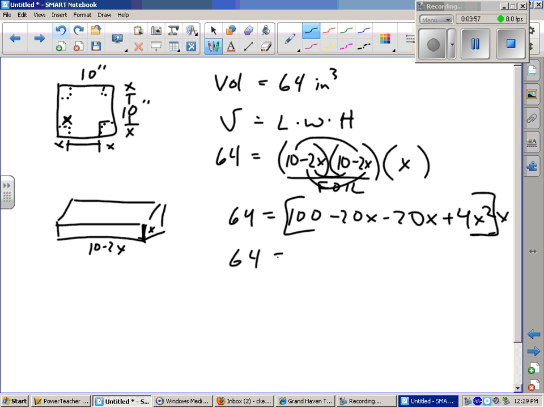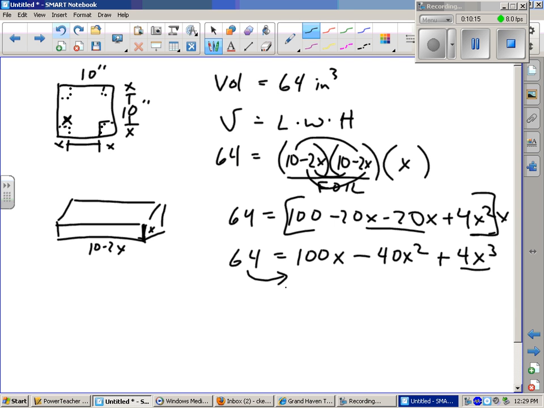So 64 equals 100x minus 40x squared and then plus 4x to the third. Okay, now I'm going to rearrange things. The 64 is going to come over.